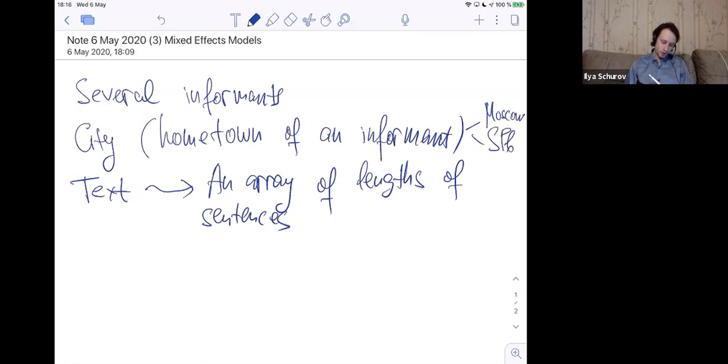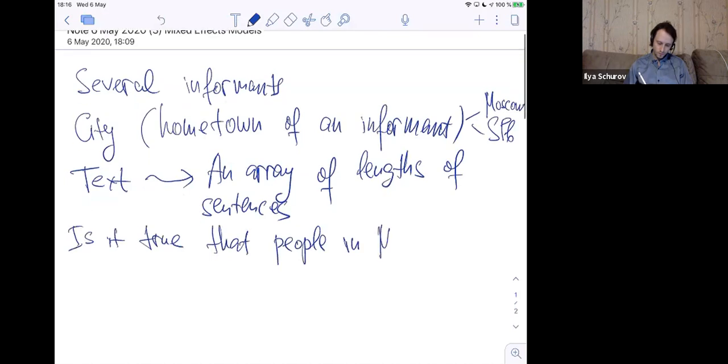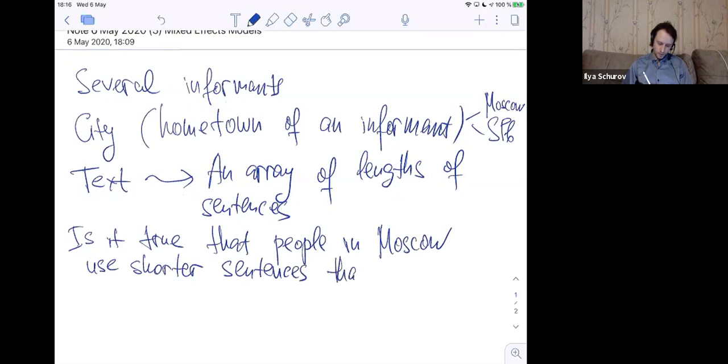And my question is, is it true that people in Moscow use shorter sentences than people in St. Petersburg?